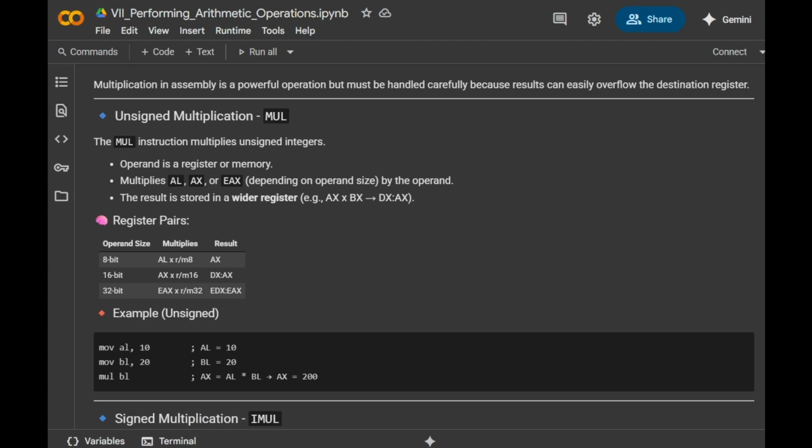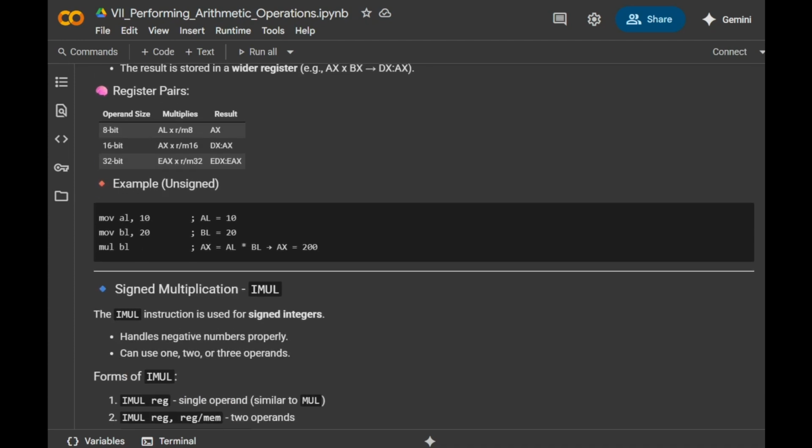If you multiply an 8-bit operand with AL, the 16-bit result is stored in AX. If you multiply a 16-bit operand with AX, the 32-bit result is stored in the DX:AX pair. And for a 32-bit multiplication with EAX, the 64-bit result is stored in EDX:EAX.